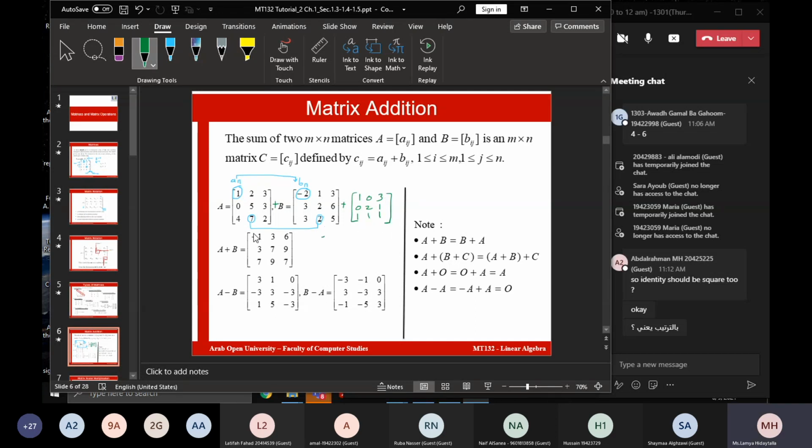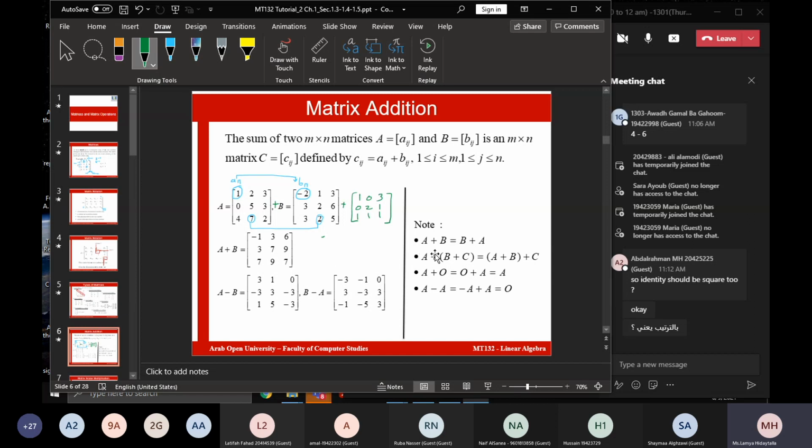I can start adding these two, get the result, and then add this one to that one. Or I can start adding these two, get the resultant matrix, and then add this one to the resultant matrix to get the final solution. So it doesn't matter where you start.